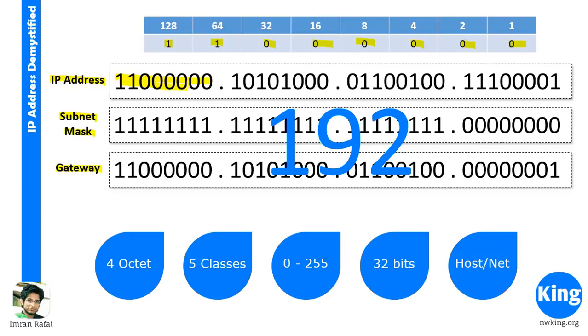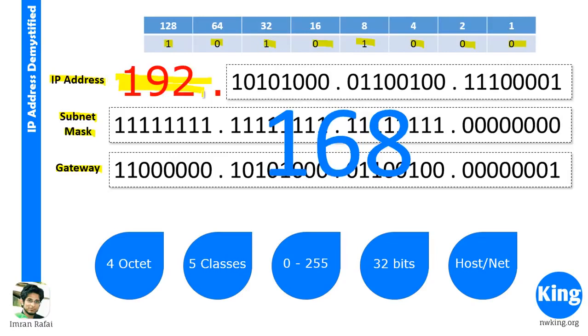So we could replace this 11000000 with 192, which is nothing but a decimal representation of that number, and it's a much easier number for us to remember.